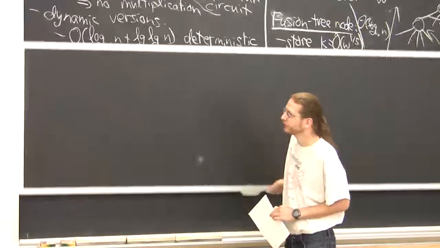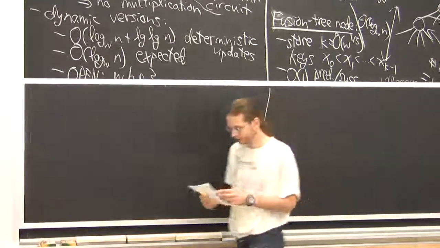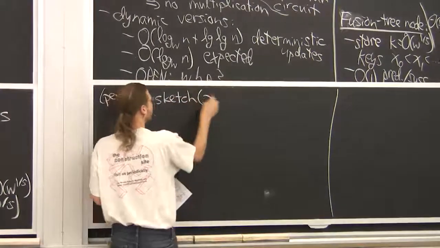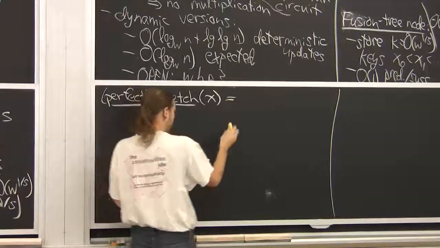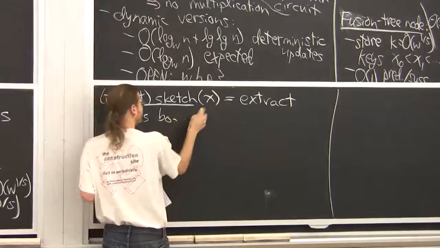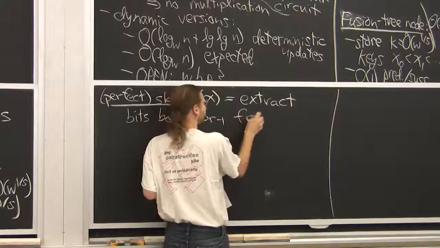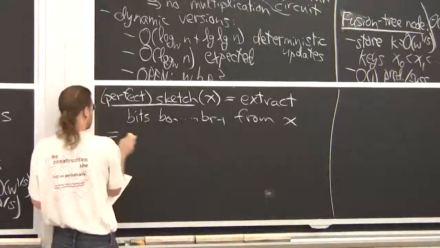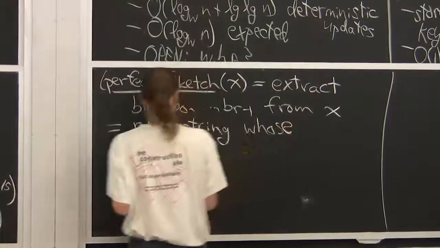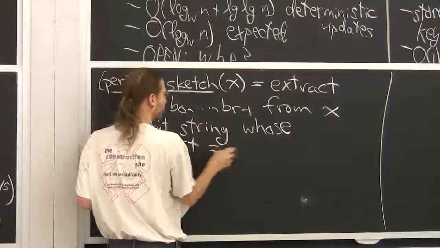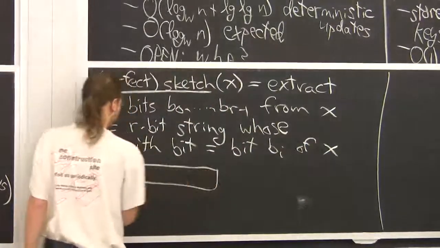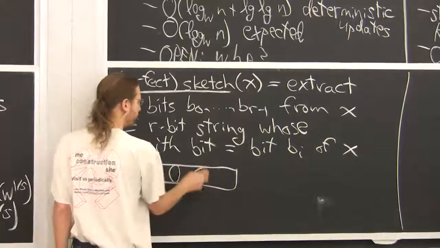Let me tell you what properties this has. Let me also define the notion of a perfect sketch of a word X, which is what you get when you extract bits B0 to B(R minus 1) from X. So in other words, this is an R-bit string whose ith bit equals bit Bi of X. Okay, so you've got a bit string which is X. You say, oh, the important ones are this one, this one, this one, and this one.